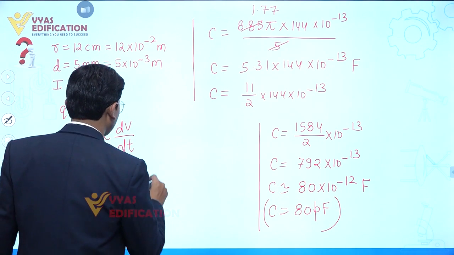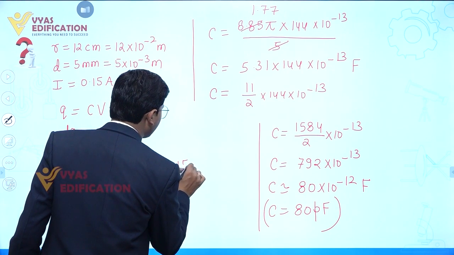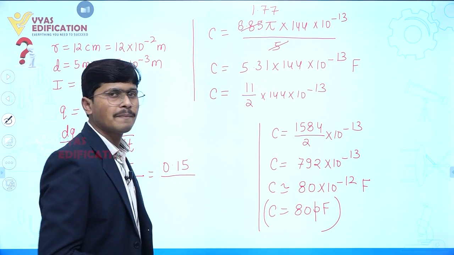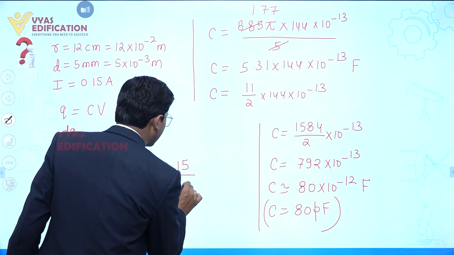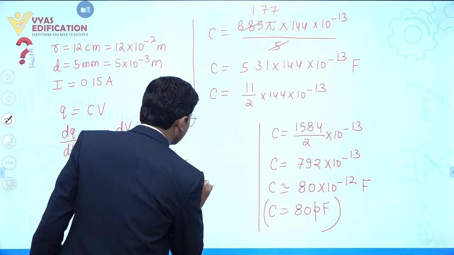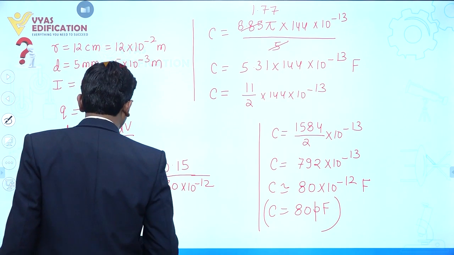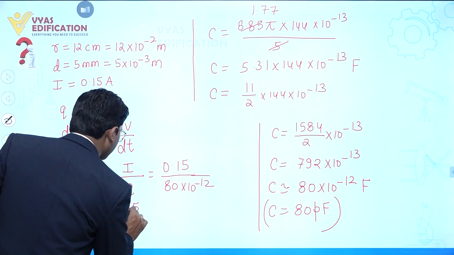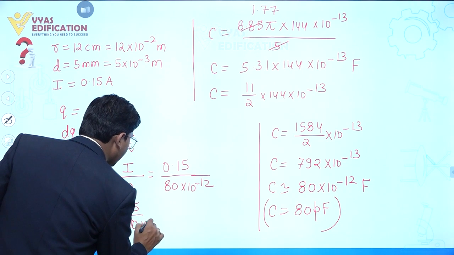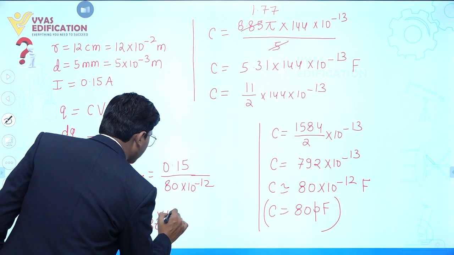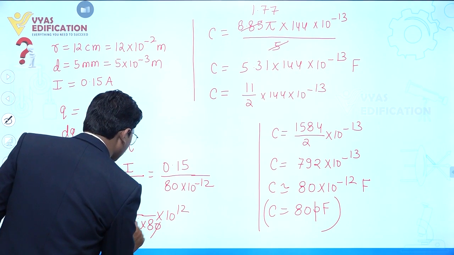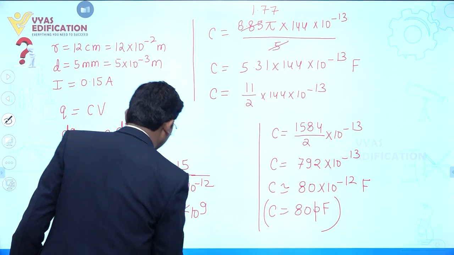The value of current is given in this question, 0.15, divided by the value of capacitance, which is equal to 80 multiply 10 to the power minus 12, clear. So from here you can see this is equal to 15 by 100 into 80 into 10 to the power 12, clear. So we can say this is 10 to the power 9, clear.